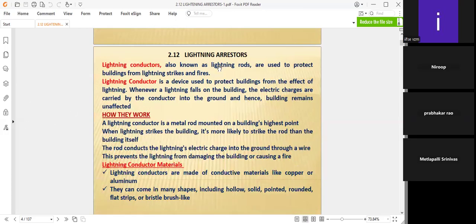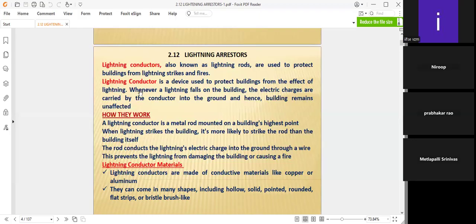Lightning conductors, also known as lightning rods, are used to protect buildings from lightning strikes and fires. This is one of the ways to express lightning conductors. A lightning conductor is a device used to protect buildings from the effect of lightning.